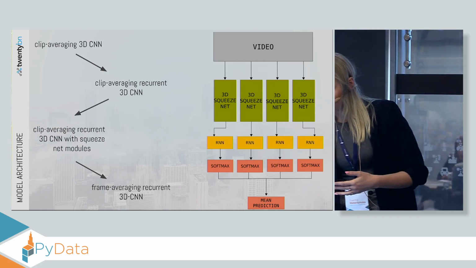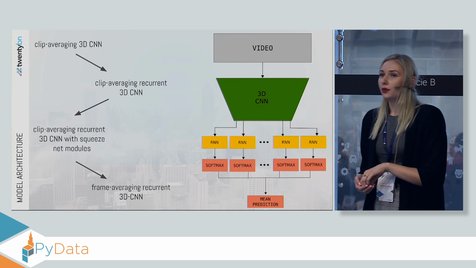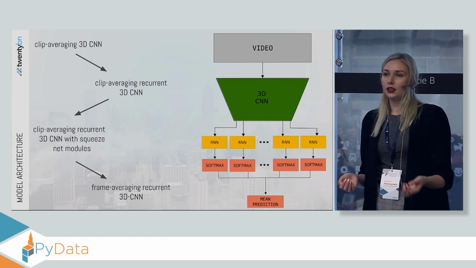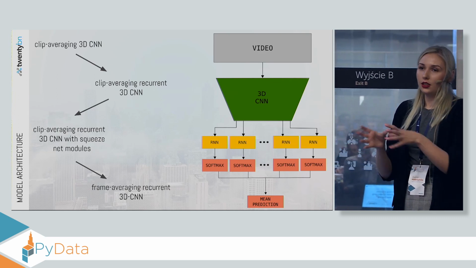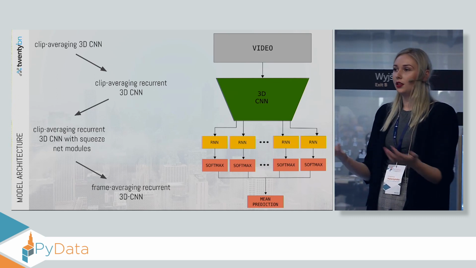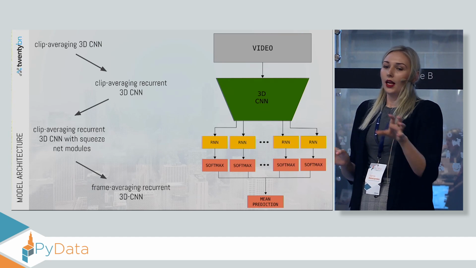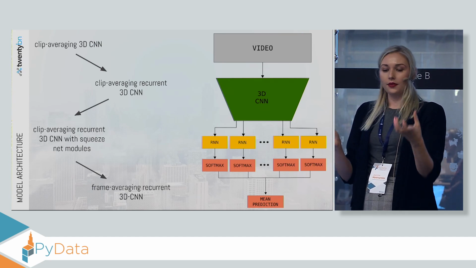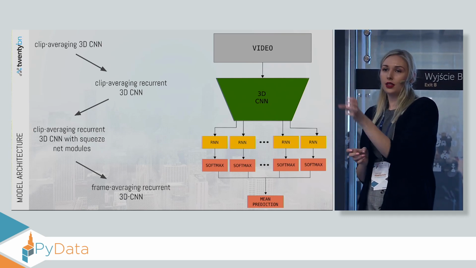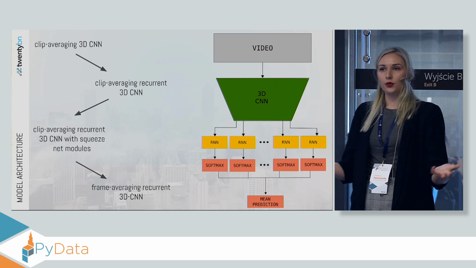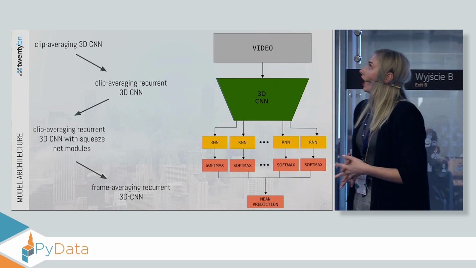But for the final model, we revisited the idea of splitting the video into chunks. Previously, the intuition behind splitting the video into chunks was that we compute a part of the video, and then we have features that correspond to each time step of the video. We feed it into the RNN so that we have a timed sequence, and then we get the predictions.